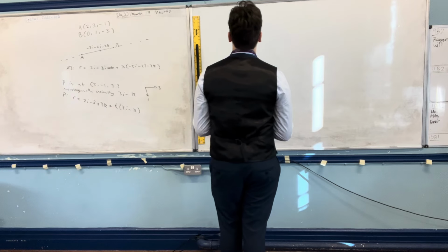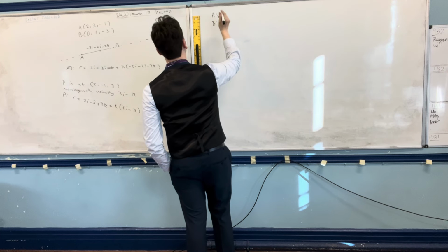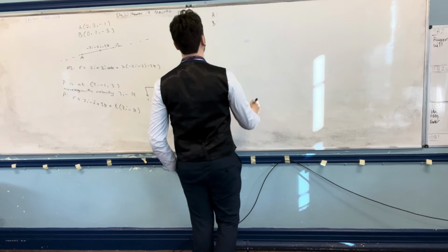Okay, so the way that this will be done is two aeroplanes or two drones will have a vector straight line equation.